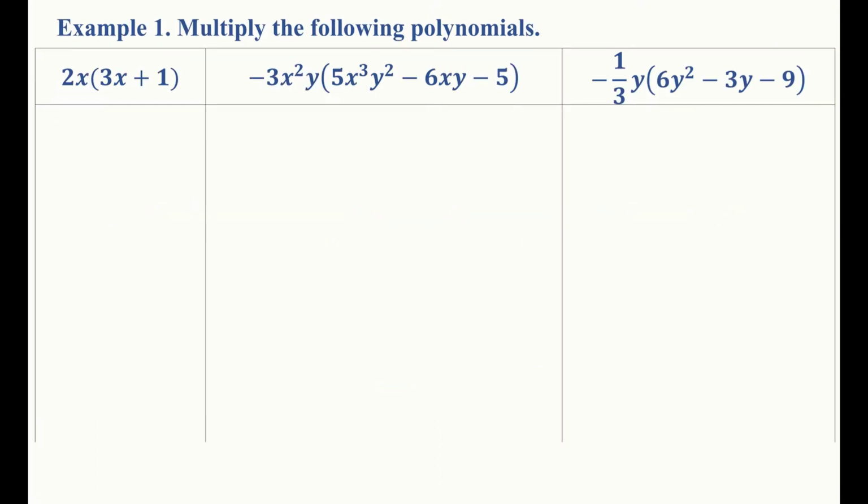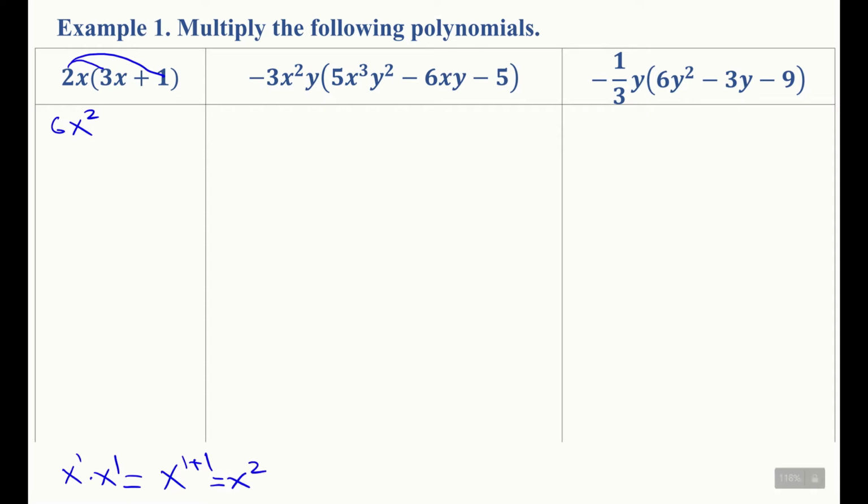So here are a few examples. We can go ahead and put the rule to work. Here, of course, we're going to be distributing this 2x into both of those terms. So we end up with 6x squared, because remember, when you have x times x, that's like x to the 1 times x to the 1, so we get x to the 1 plus 1, which is x squared.